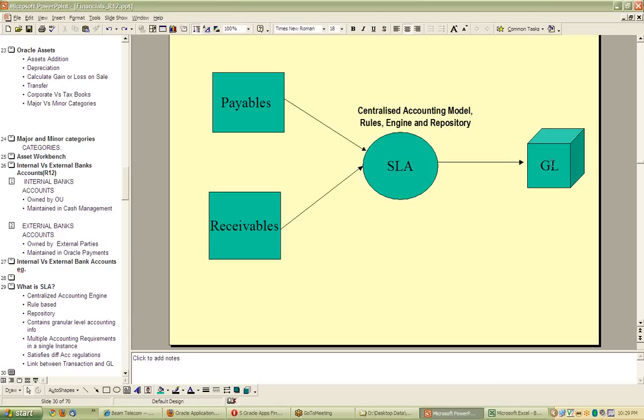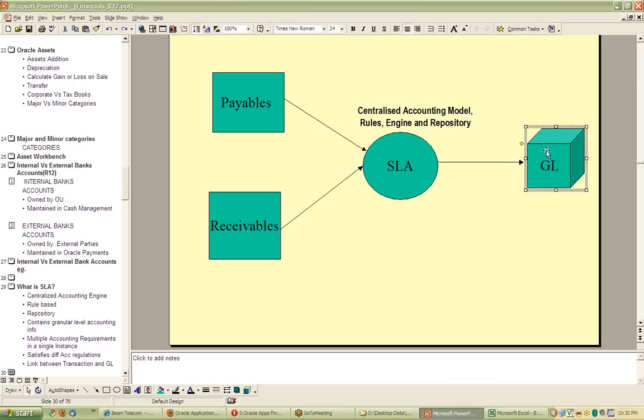See, if an invoice gets created in payables, you will have one debit account and one credit account, correct? Item is debited, liability is credited. This liability should get recognized in the trial balance, and this item should get recognized in the trial balance, correct? How does it get recognized? A trial balance is drawn from the general ledger.